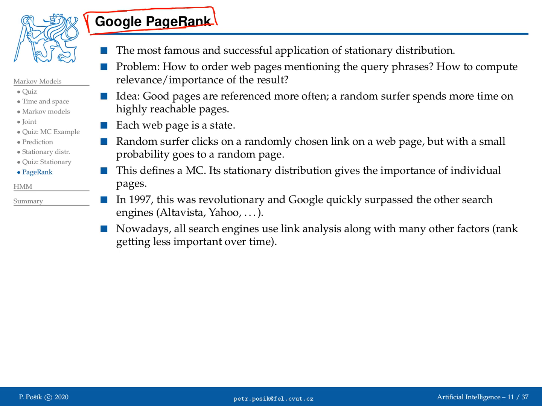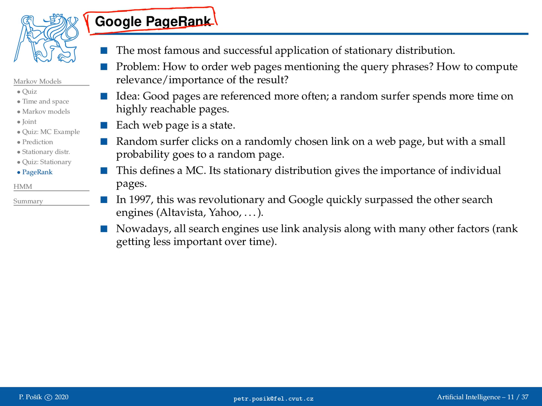You would like to present the most relevant or most important results first, or in the first 5. And those less important you leave to the second, third, or 100th page of the results, right?